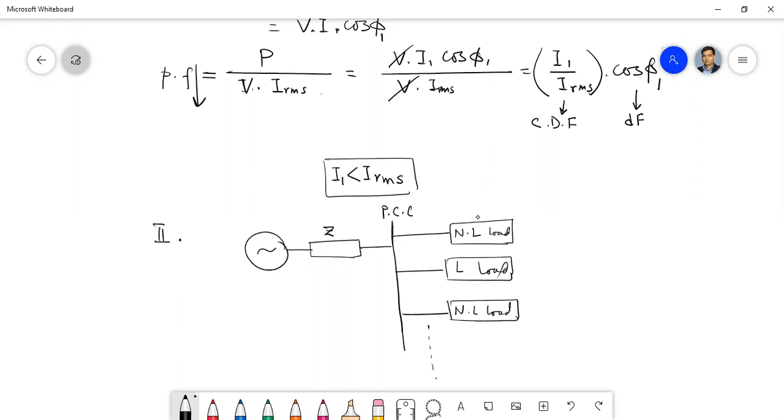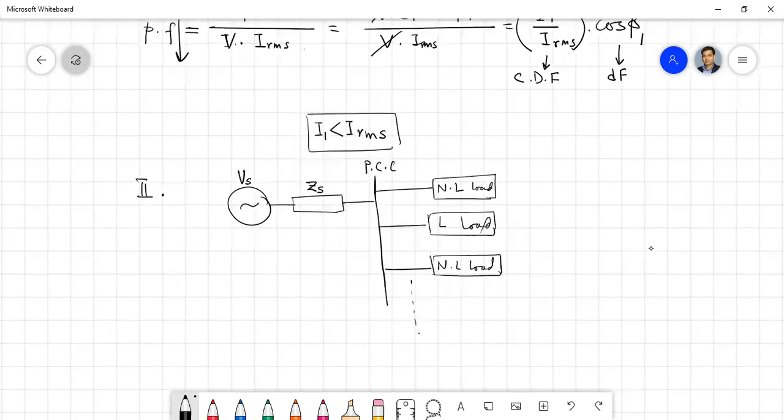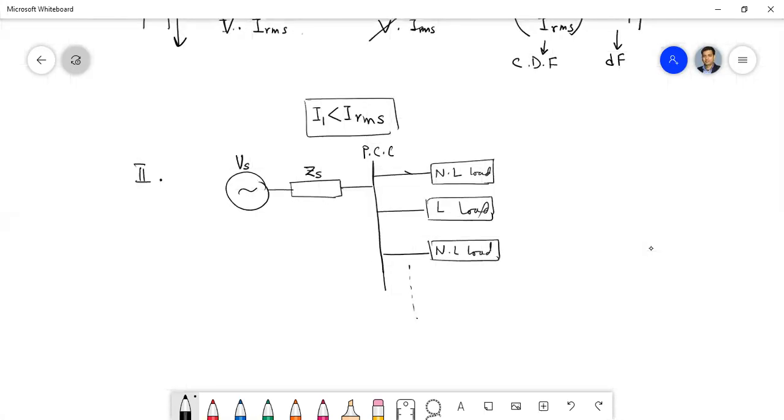Now this is the source impedance ZS and this is the source voltage Vs. Now suppose this particular load is taking some current which consists of some fundamental as well as some harmonics. All these harmonics are considered as a summation of IH and the fundamental is I1.